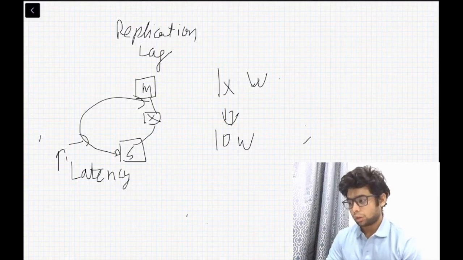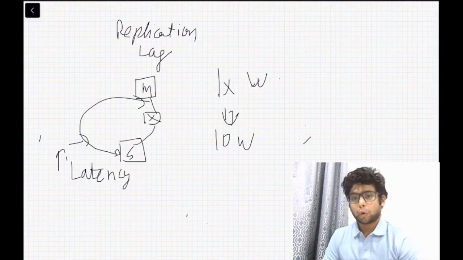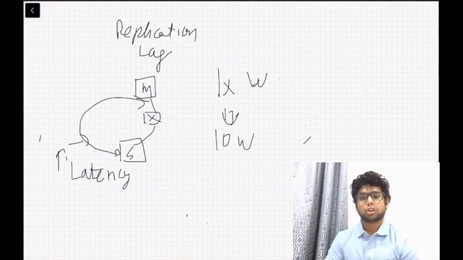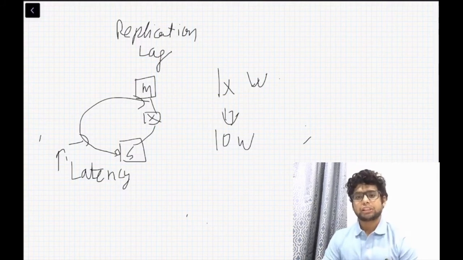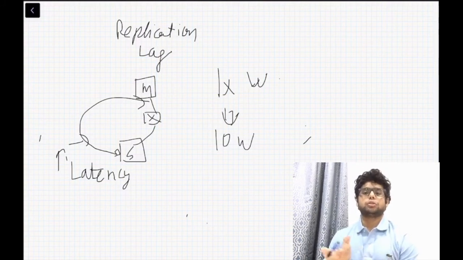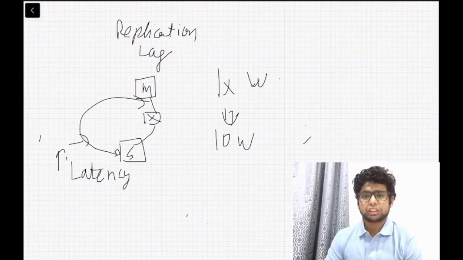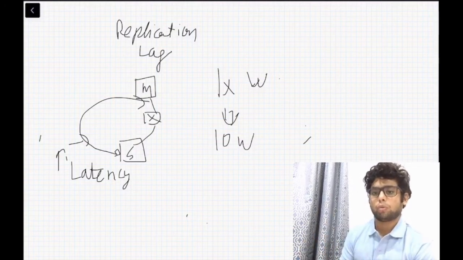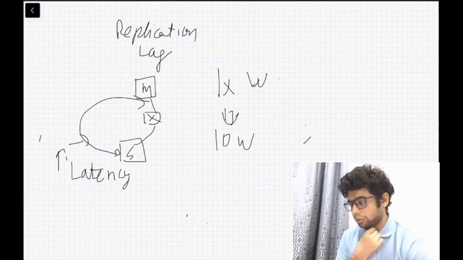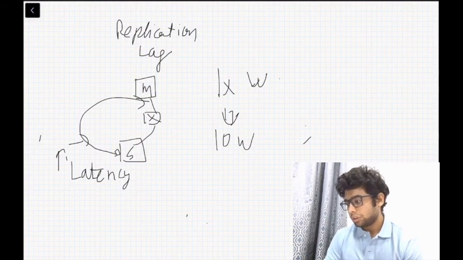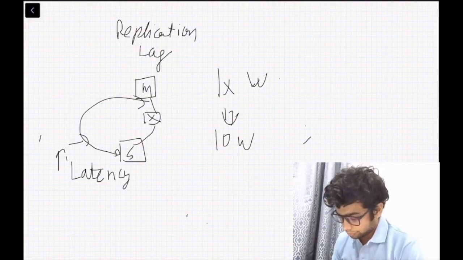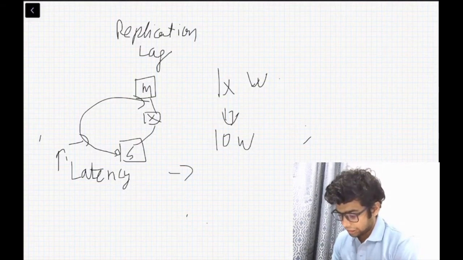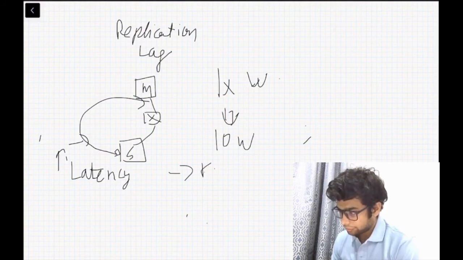So that could be one possibility. Another possibility could be that our database was already working at full capacity, and now the writes have increased a little, and your load average has spiked, so it is having problems and doing more work than expected. So that could be one reason. So first was write increase, then full capacity.